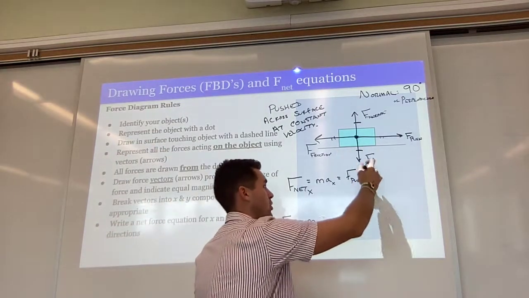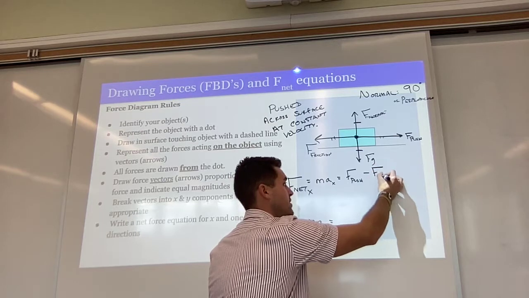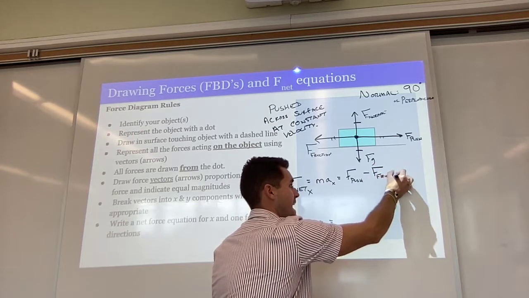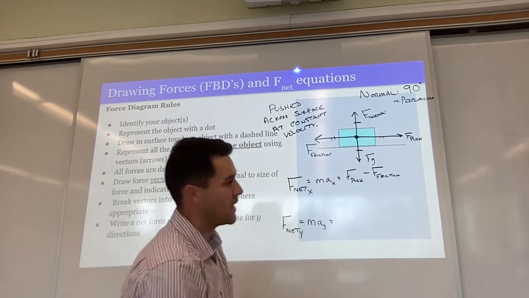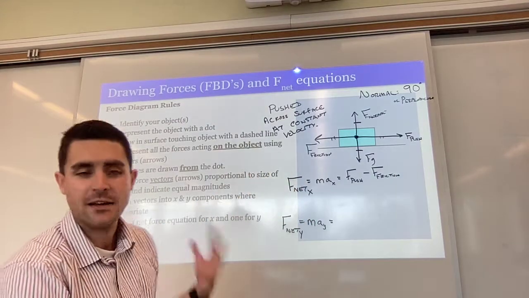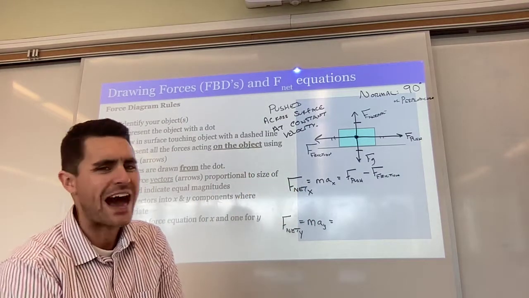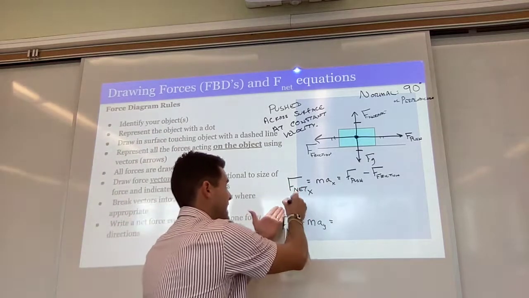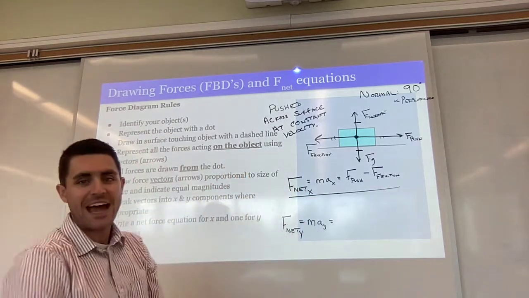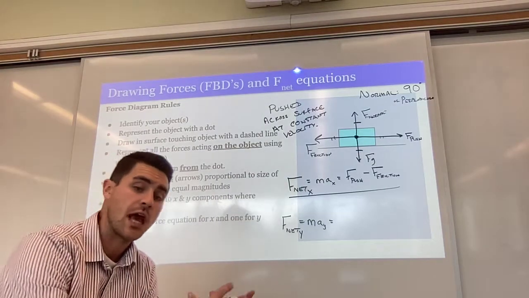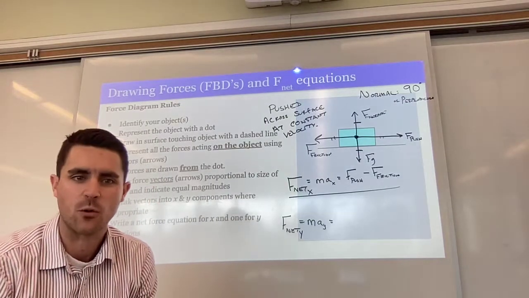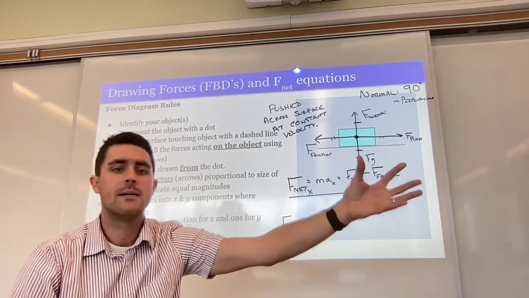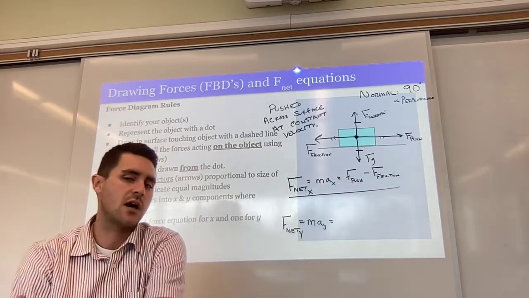Well, the push force is to the right, and since the friction force is to the left, I have to give it the opposite sign of the push force. Push and friction are opposite directions. They must have opposite signs in the equation. This here is my F net expression for the x direction. M times A equals the sum of all of my forces. One force going to the right minus one force going back the other direction.